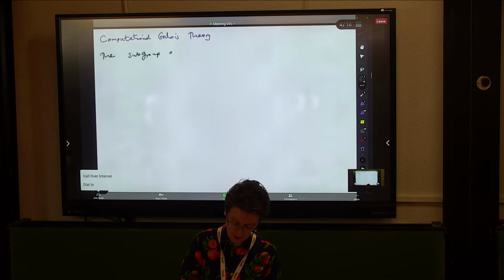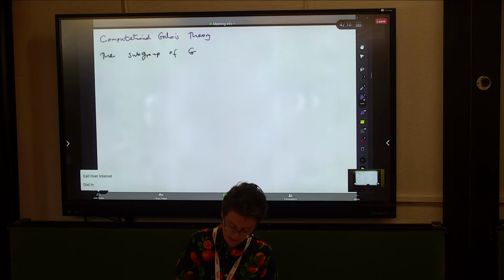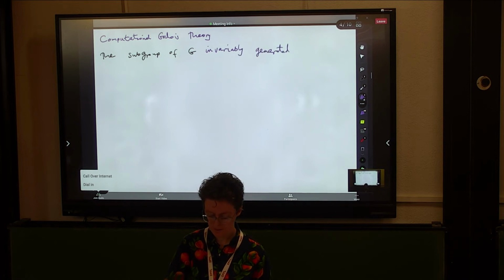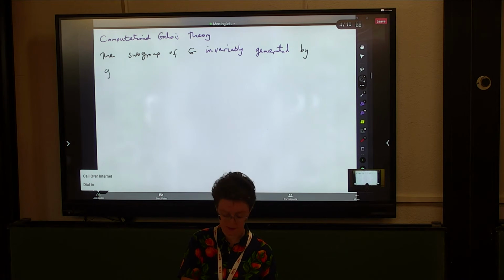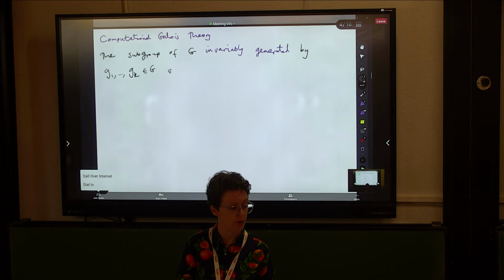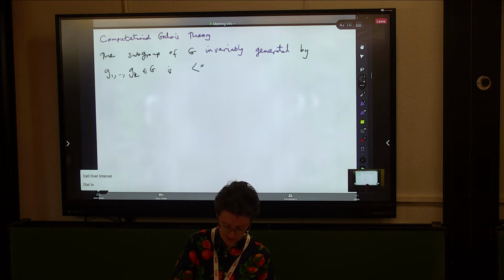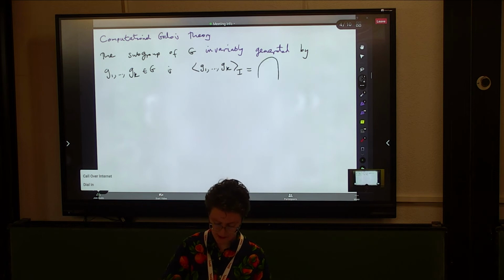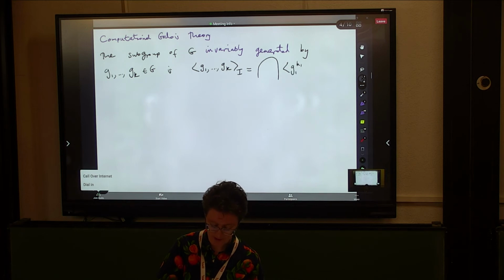The subgroup of G which is invariably generated by some subset g1 through gk, we're going to denote it by the set generated by g1 to gk with a subscript I, and it's going to be, okay, we're going to take an intersection of groups generated by things, and those things will be conjugates of each of my g's.